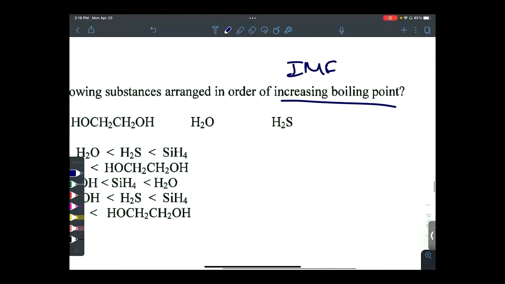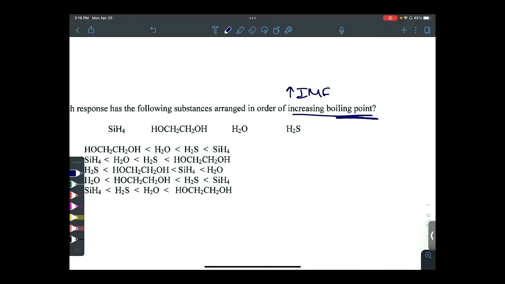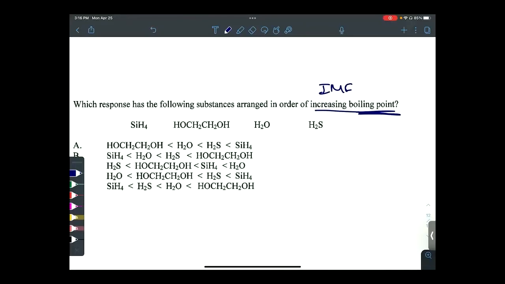What's the trend? If increasing boiling point, we typically see an increase or decrease in IMFs? Increase, yeah. More attractions, higher boiling point temperature. So going through these, I just identify the strongest intermolecular force, and then that will allow you to order things.